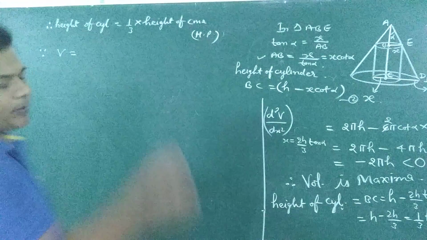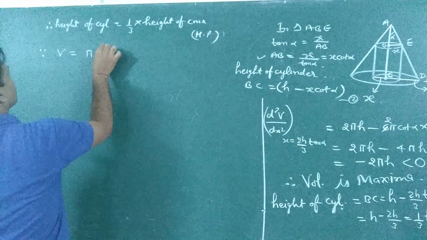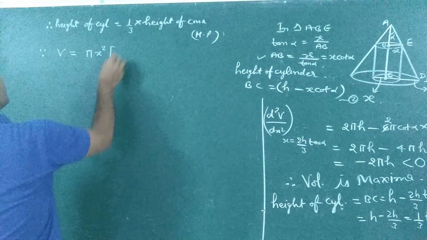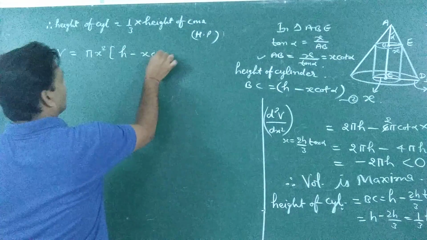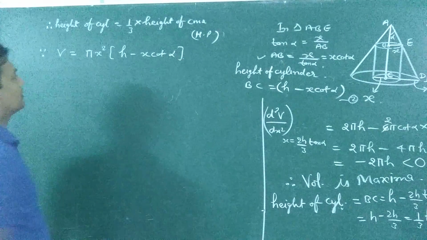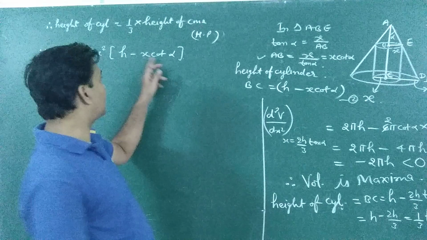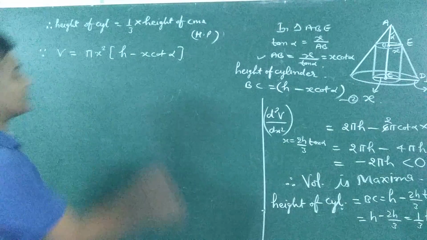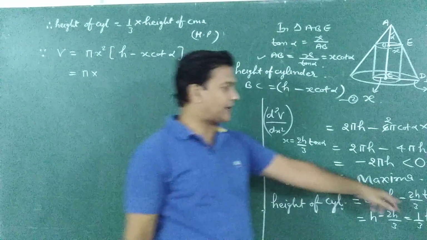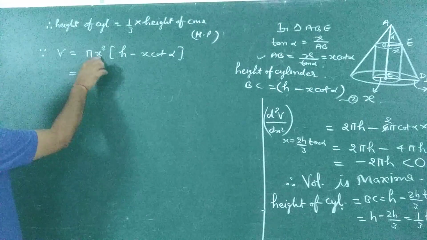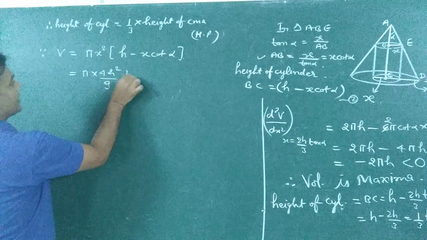in the start what do we have? In the start we have pi r square, meaning x square h. So taking pi x square common, inside h minus x cot alpha. This kind of expression we have here. Now substitute the value of x here. Pi into the value of x, 2h by 3 tan alpha, squared: 4h square by 9 tan square alpha.